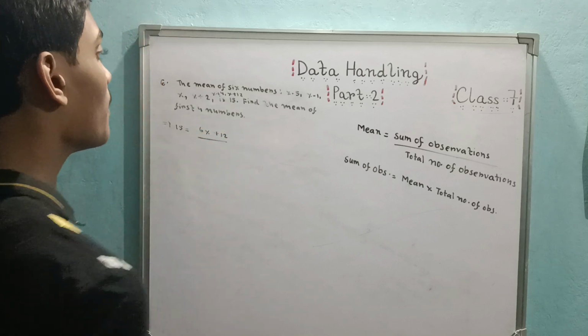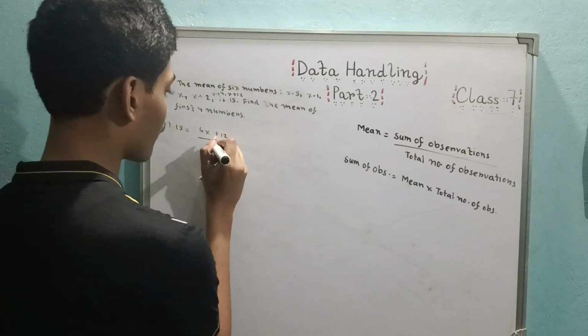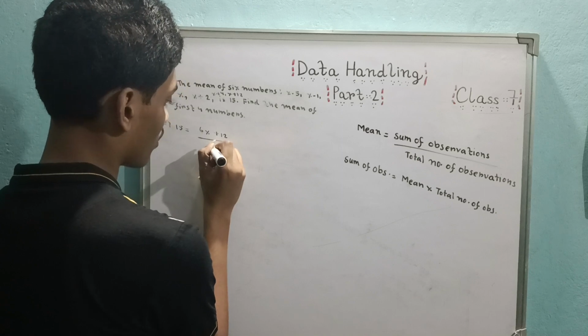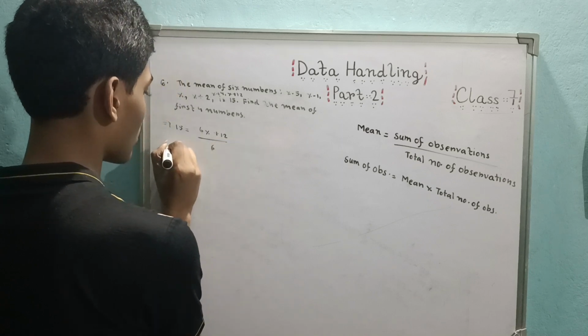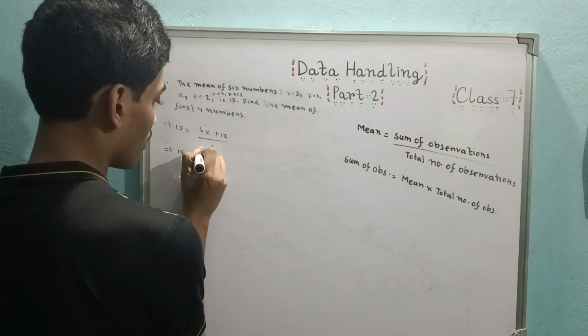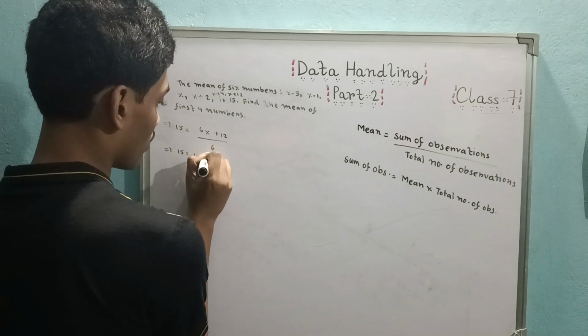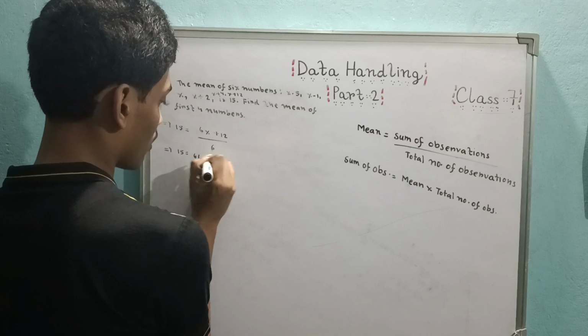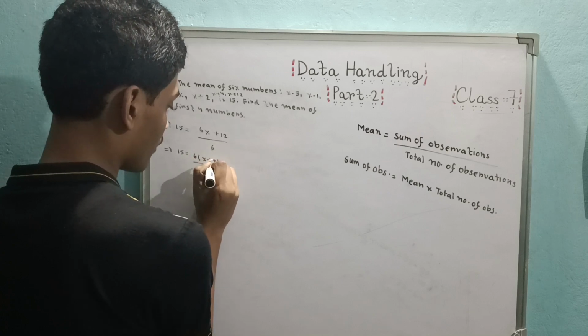divided by the number of observations, obviously 6 numbers, equal to 15. Here you can take 6 common and just divide this.